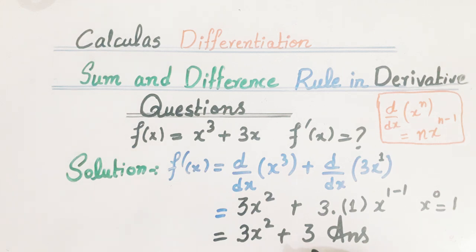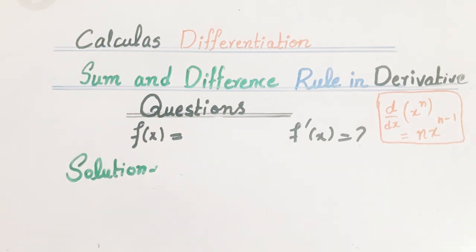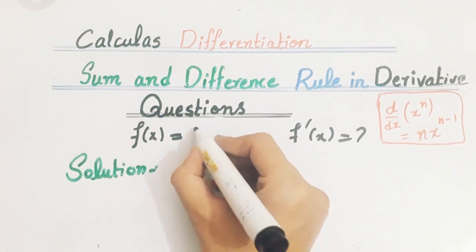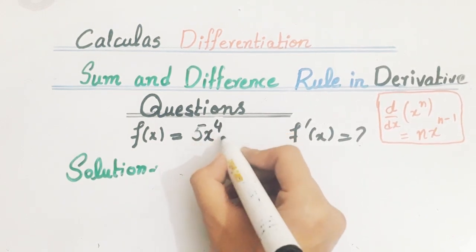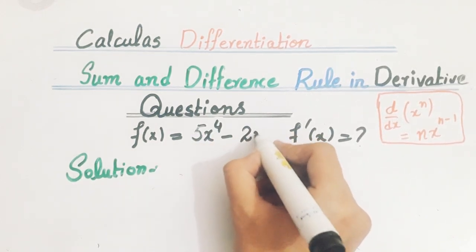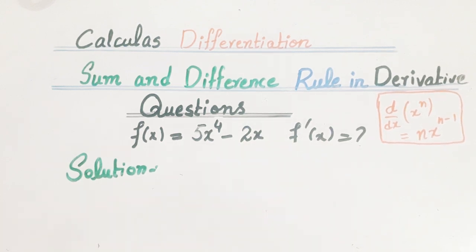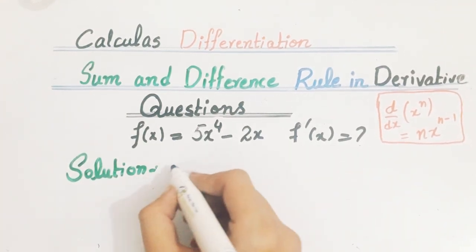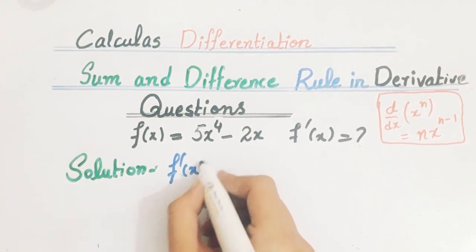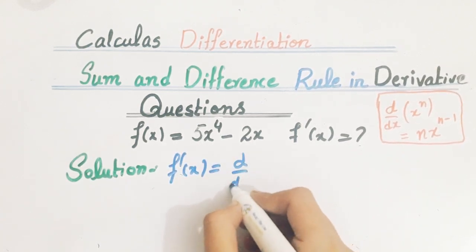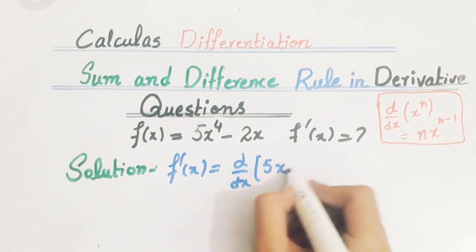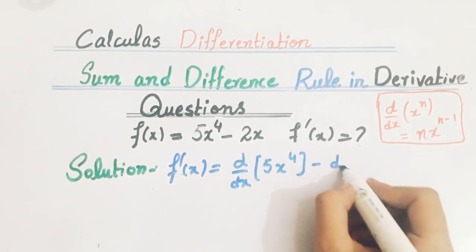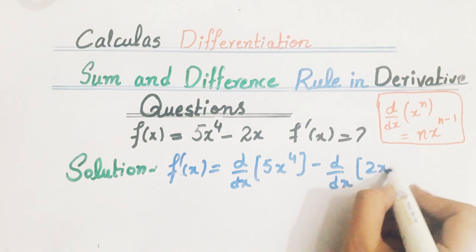Now we will solve another question. Now you have the function 5x power 4 minus 2x. Now we will solve this as, first of all, f dash of x will be equal to d by dx of 5x power 4 minus d by dx of 2x.